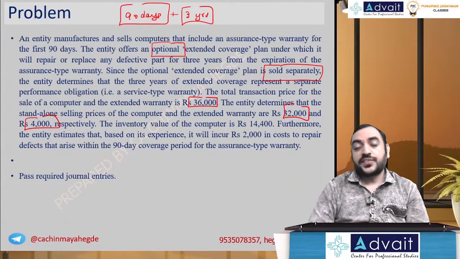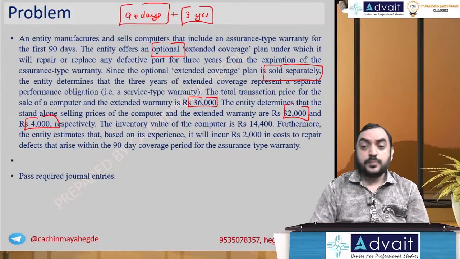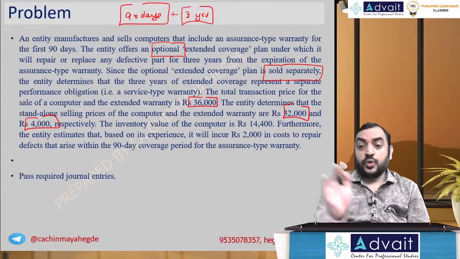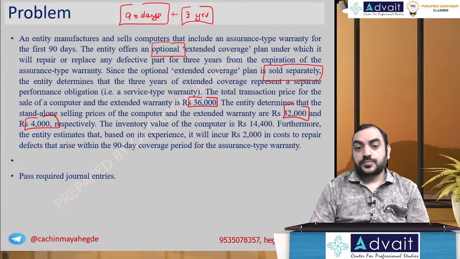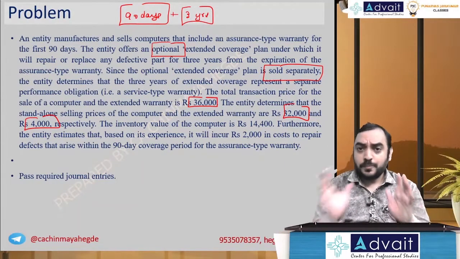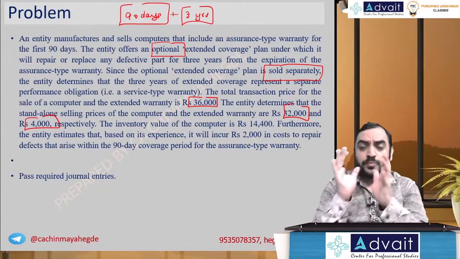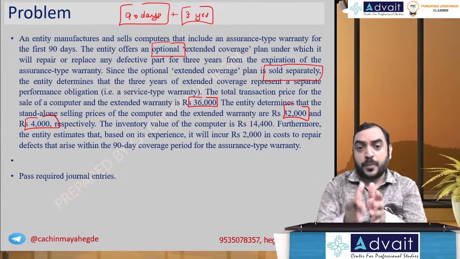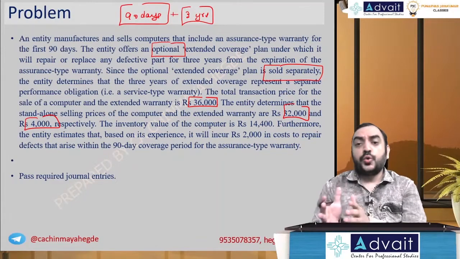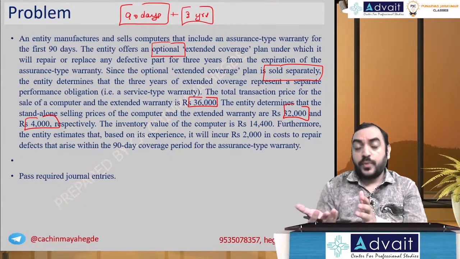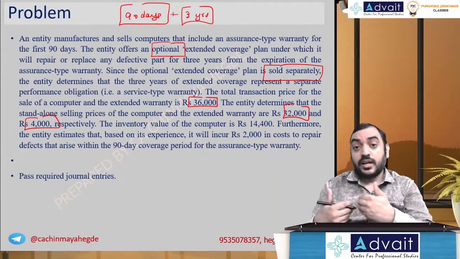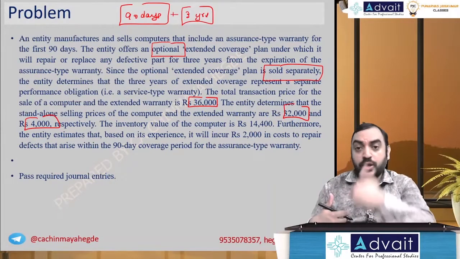Cash or debtors account debit 36,000, to revenue 32,000, to 3 years warranty 4,000. Simple. To warranty obligation, which may come later, revenue will be recognized later, 4,000 over a period of 3 years.